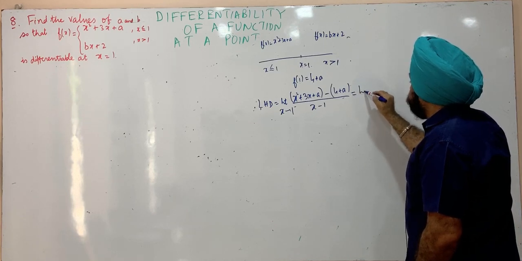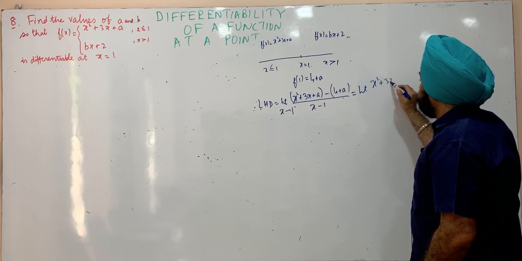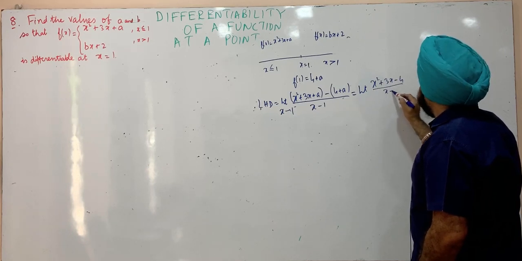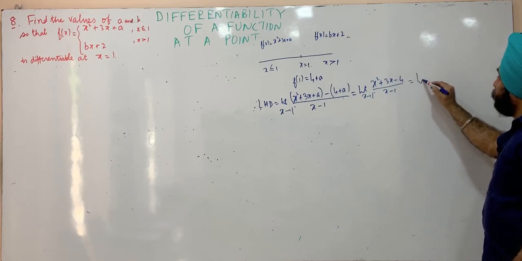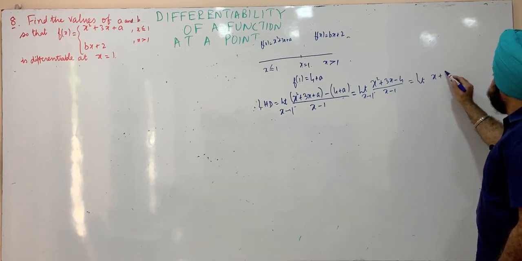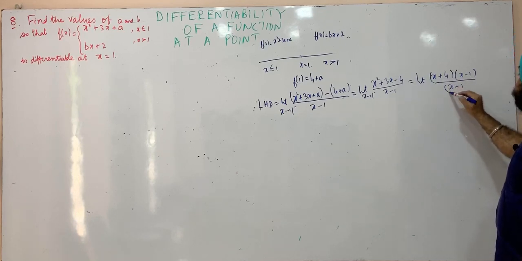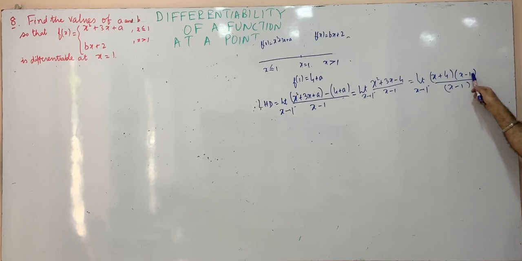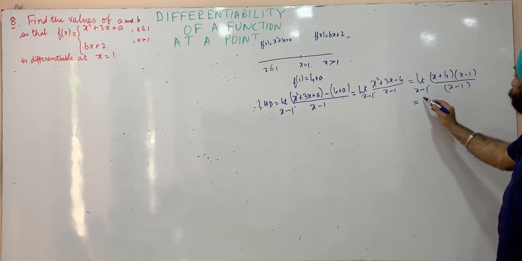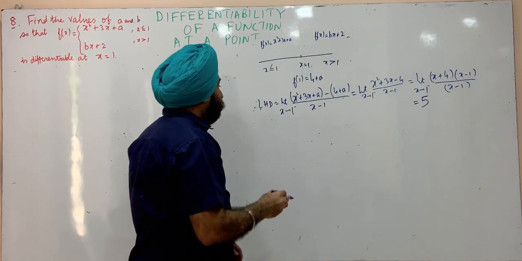So this is limit, a will cancel out, it's x square plus 3x minus 4 upon x minus 1 as x approaches 1 minus. Its limit x plus 4 into x minus 1 upon x minus 1 as x approaches 1 minus. This will cancel out, 1 plus 4, this is 5. So the left hand derivative is 5.